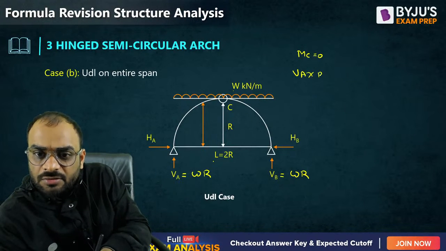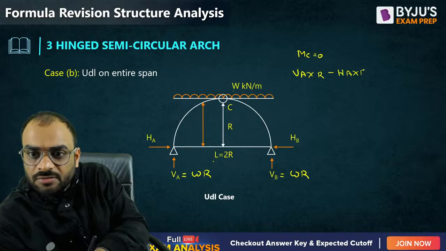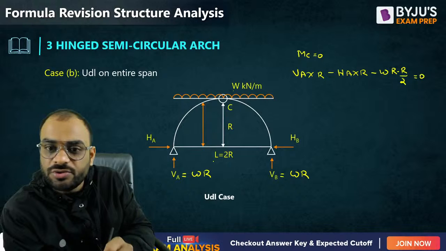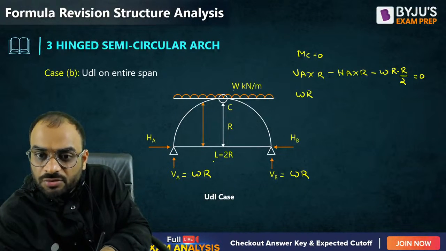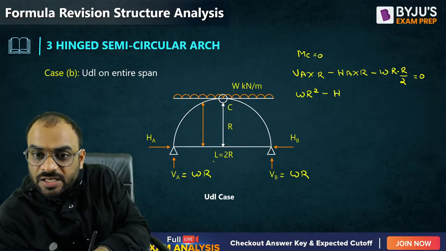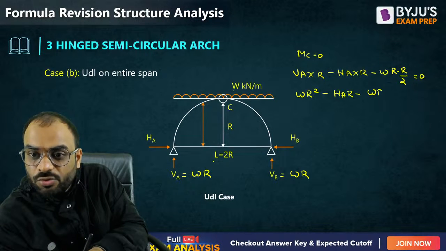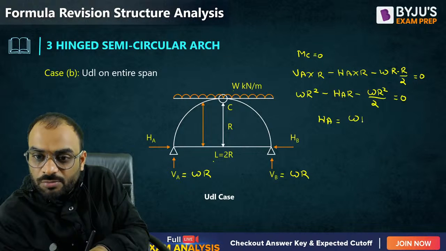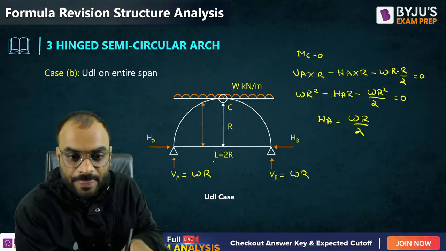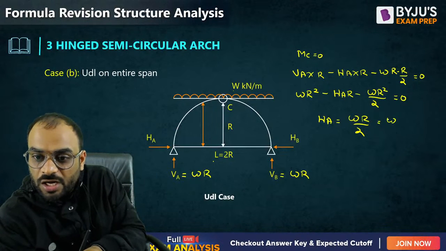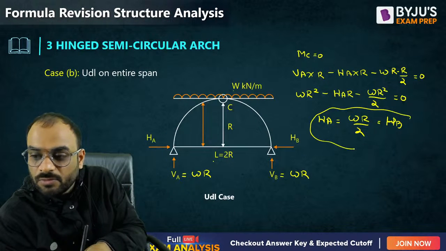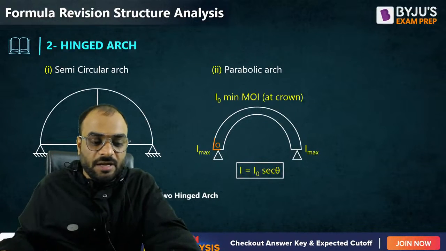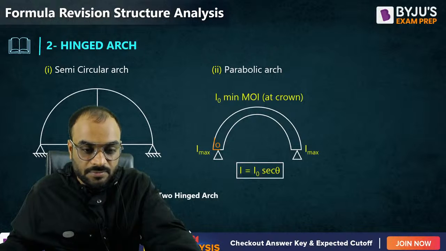VA into R minus HA into R minus W into R multiply by R by 2 and it should be equal to 0. तो VA का वैल्यू कितना है, WR, तो ये हो जाएगा WR स्क्वायर माइनस HA into R माइनस WR स्क्वायर बाई 2 and it should be equal to 0. तो HA का वैल्यू निकल के कितना आया, WR बाई 2 and this is your horizontal thrust. HA and HB is equal to WR by 2. क्लियर, डन. नेक्स्ट वन.